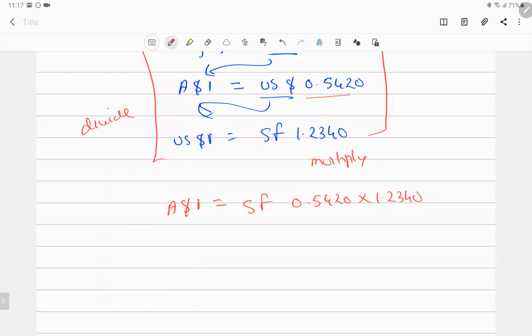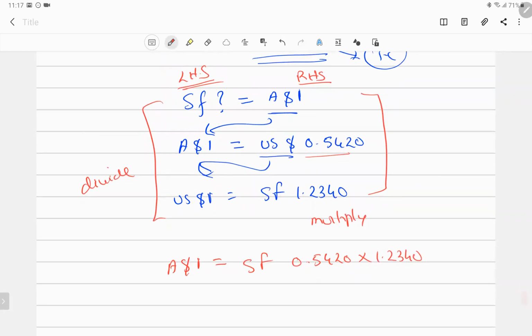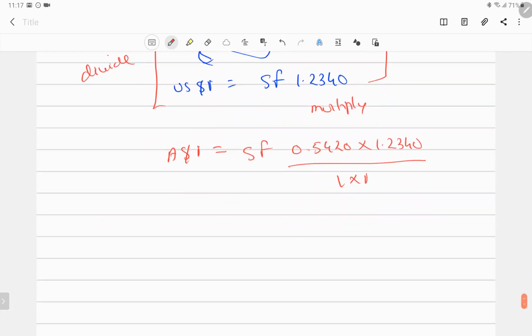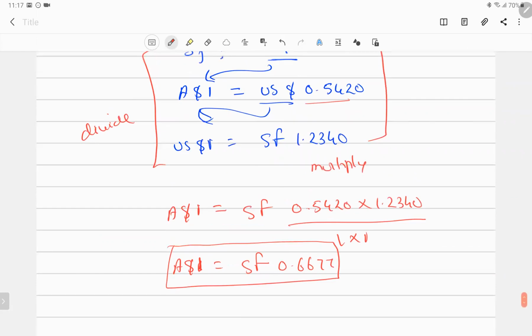Then the left hand side we have the 1 Australian dollar, so 1 into 1, you divide by 1 into 1. So how much are you getting? Australian $1 equal to Swiss franc will be 0.6677.